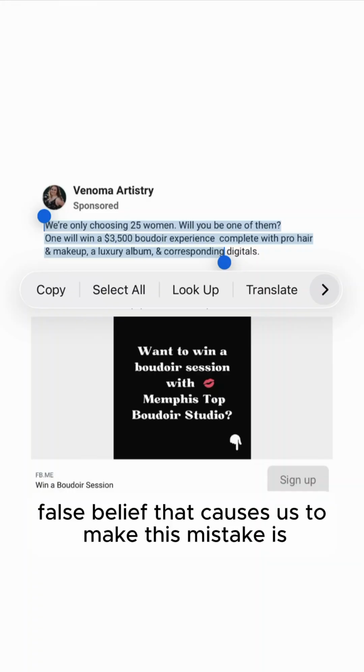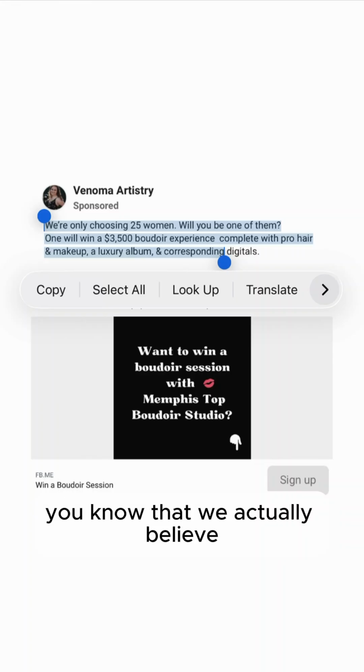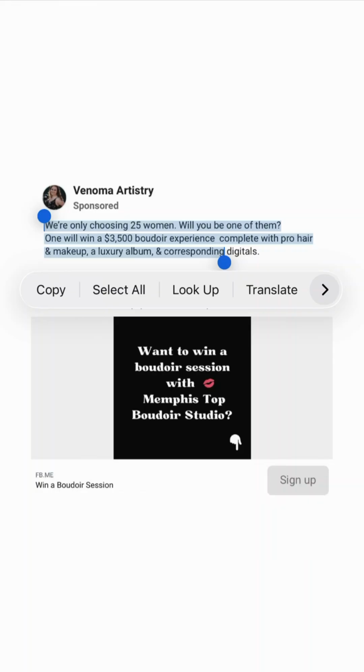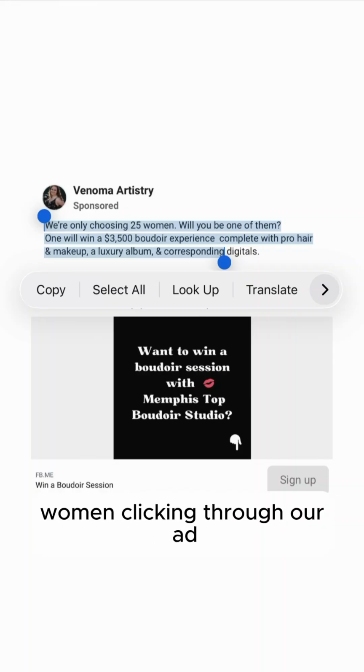The false belief that caused us to make this mistake is that we actually believe we are providing enough context to maximize the amount of correct women clicking through our ad, clicking somewhere in our ad, getting our ad into their brain.